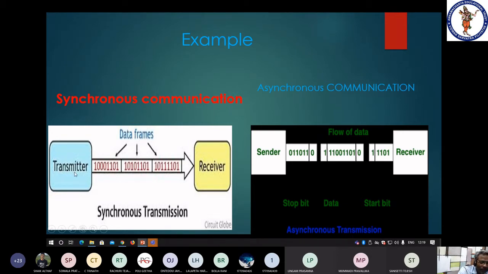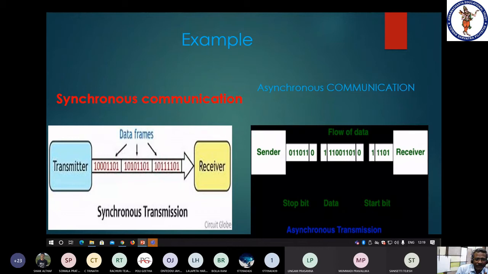We are sending the data, a group of bytes: this is frame 1, this is frame 2, this is frame 3. In synchronous communication, we send the data as a group of bits. That may be 8 bits, or 20 bits, or 1 kilobyte, or 1 megabyte, etc.